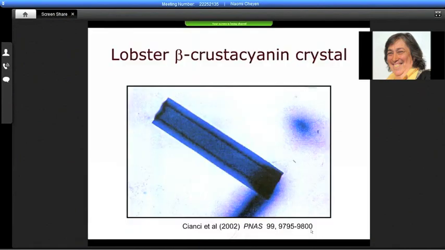And this is an interesting story of a lobster beta-crustacyanin, which people tried to crystallize for 20 years. I'm not exaggerating, using every method, vapor diffusion, liquid diffusion. It even went into outer space to be crystallized, but they couldn't get it.